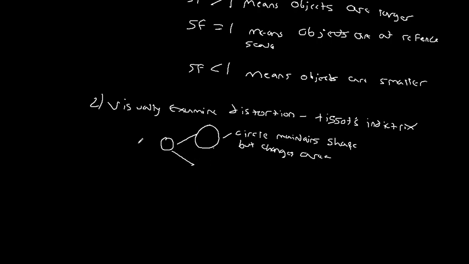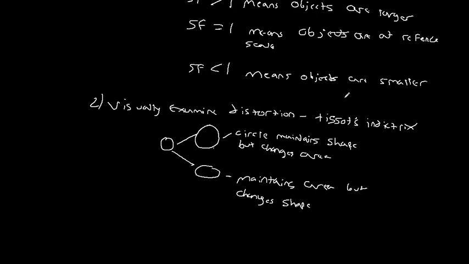The second case is where the circle maintains its area, but it changes its shape. So this would be where your circle becomes an ellipse.